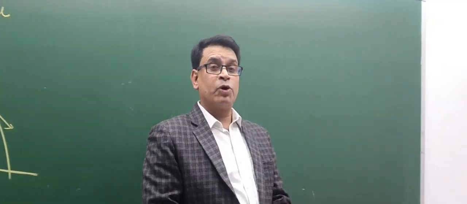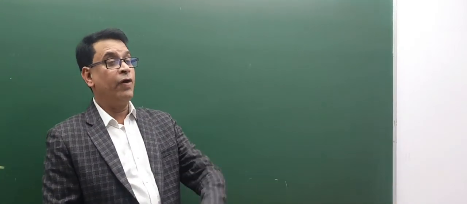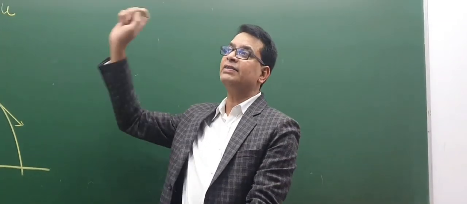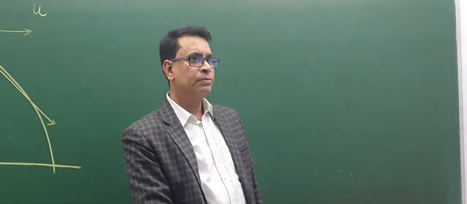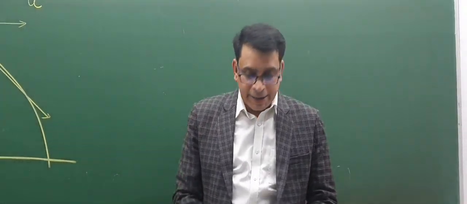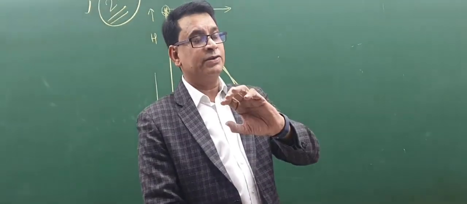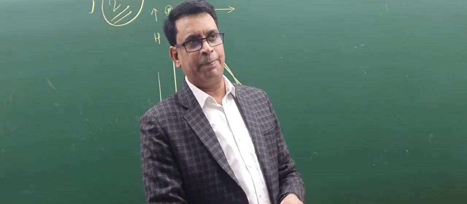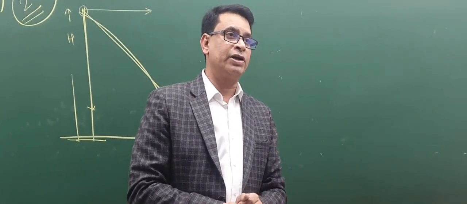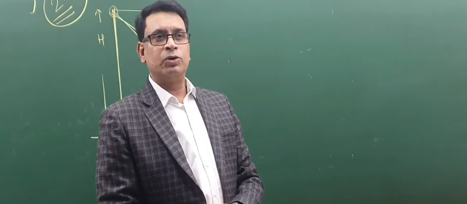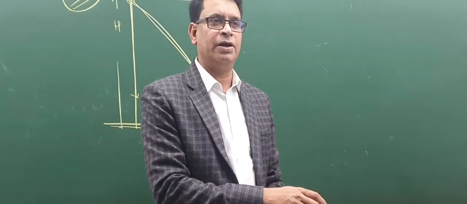What is projectile motion? When we throw a body at some angle from the ground or from some height, in such a manner, its motion is always along a parabolic path. This type of motion is known as two-dimensional projectile motion.